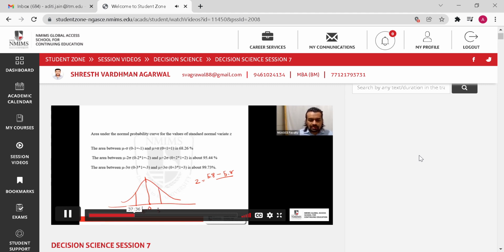So this is 1, this is minus 1, this is 2, minus 2, and the biggest possible value in Z standardization is minus 3 and plus 3. Again the same rule will be applicable.